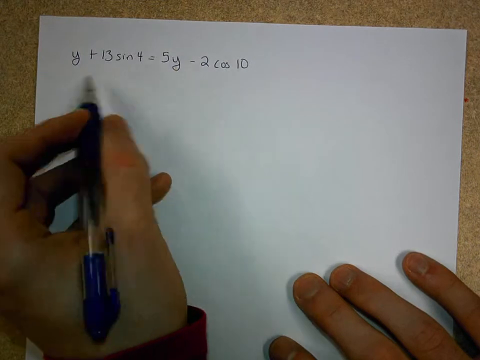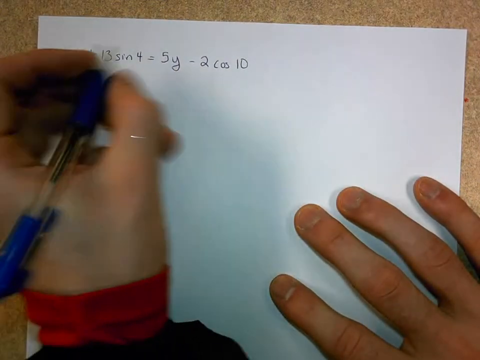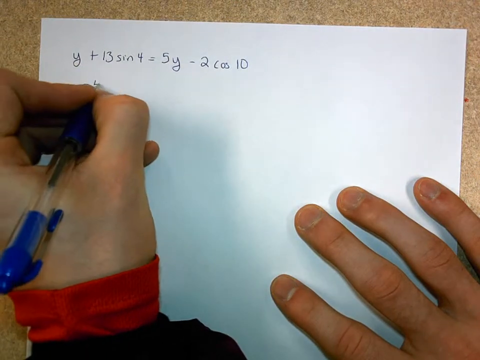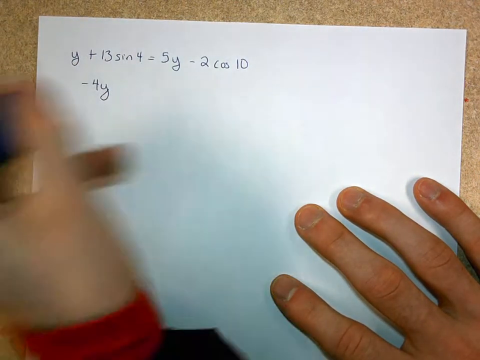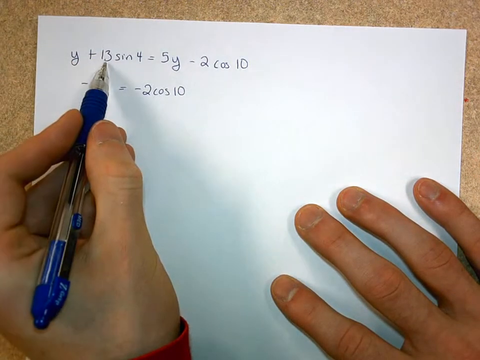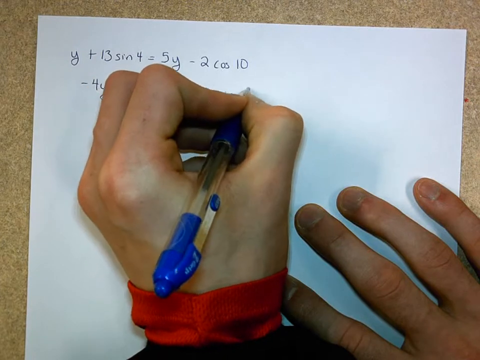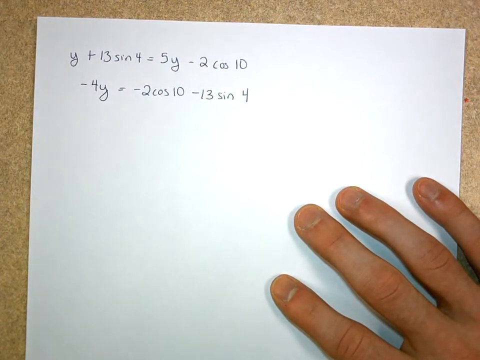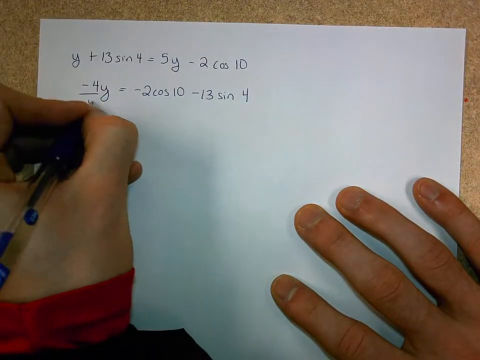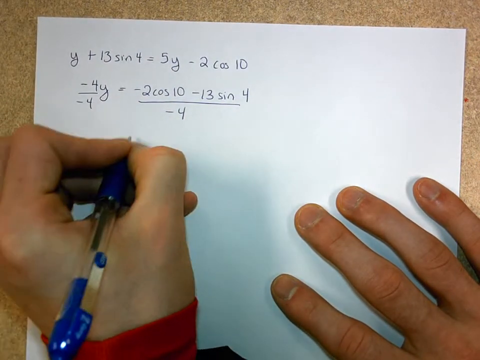So let's bring this 5y to the left and this 13 sine of 4 to the right. So if I subtract 5y from both sides, I'll have a minus 4y. And if I subtract 13 sine of 4 from both sides, I'll have a minus 13 sine of 4 on the right. And then finally, we'll simplify by dividing both sides by negative 4.